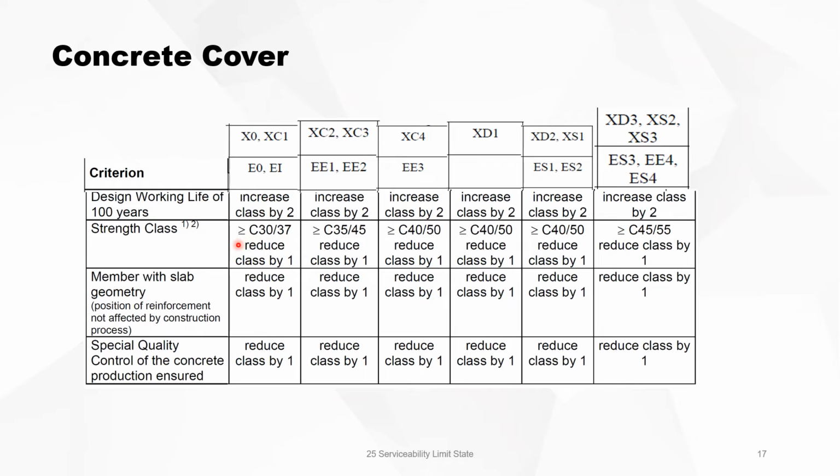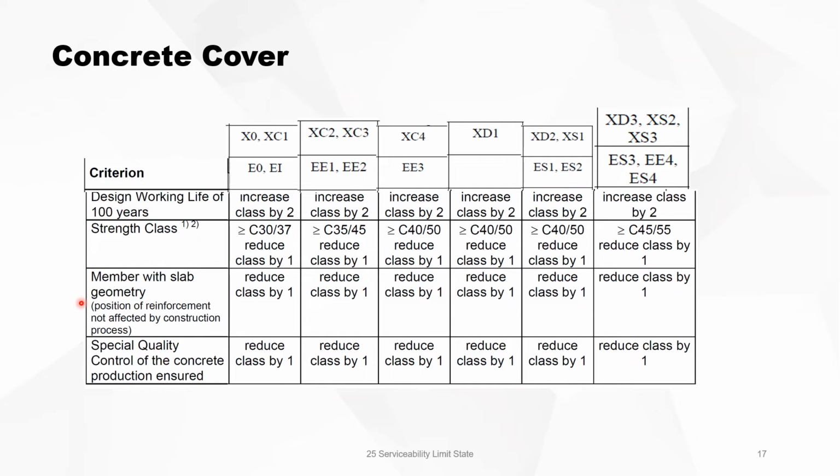If you use a concrete strength more than is required, for instance, if you use for inside your house a concrete quality bigger or equal to C30, then you can reduce your class by 1. So you can design your house not in an S4 class, but an S3 class. It saves you on concrete cover, so it will save you in volume of concrete and so on. The same is valid for other environmental classes.